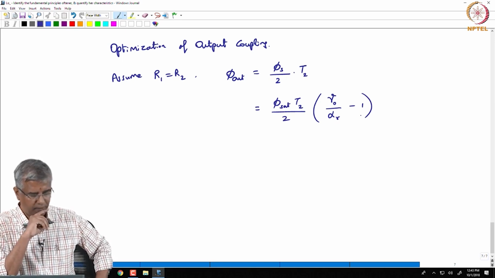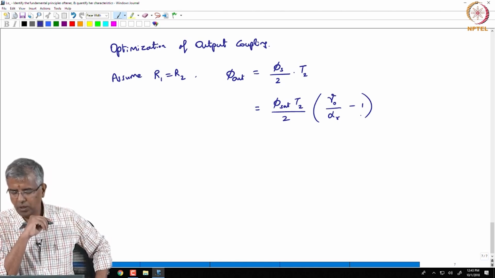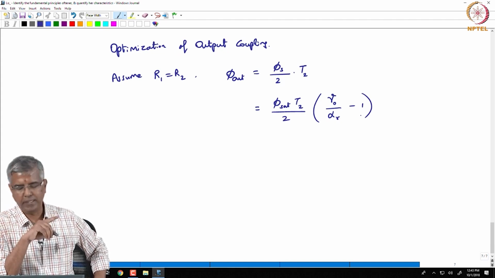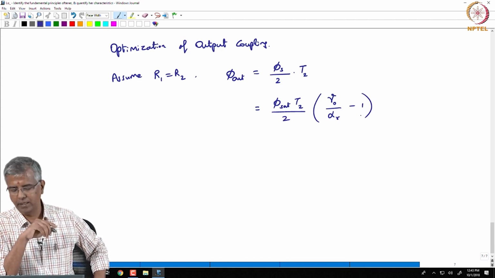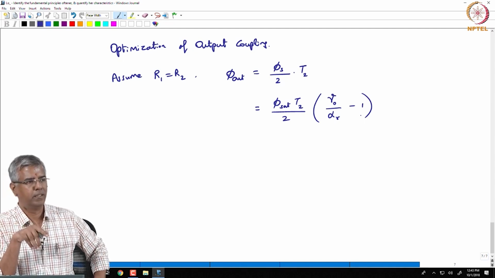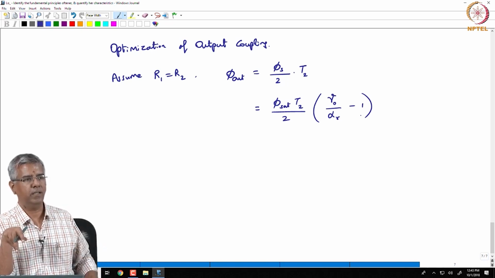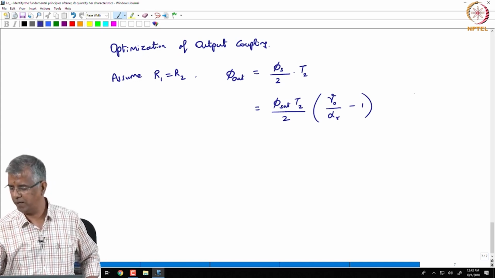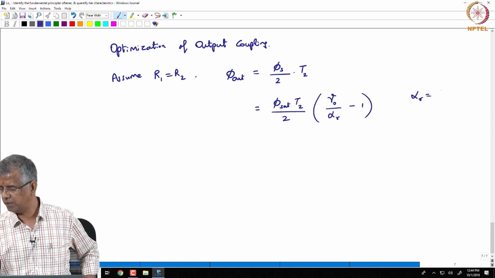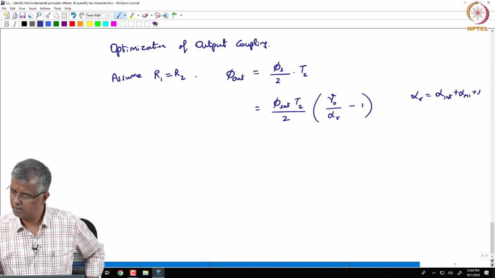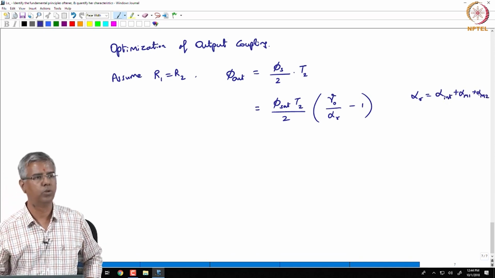Now, what do we want to optimize? We want to optimize T2, but if you look closely, T2 is not just sitting in the numerator, it is sitting in the denominator also. Where is it sitting in the denominator? As part of alpha r, right. So, alpha r is alpha int plus alpha m1 plus alpha m2.